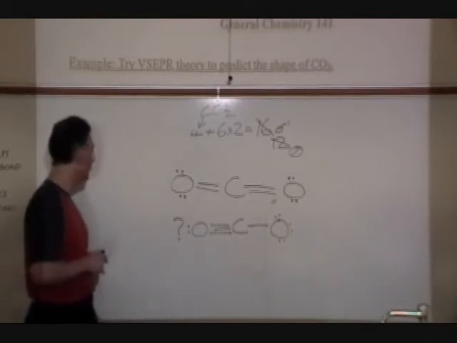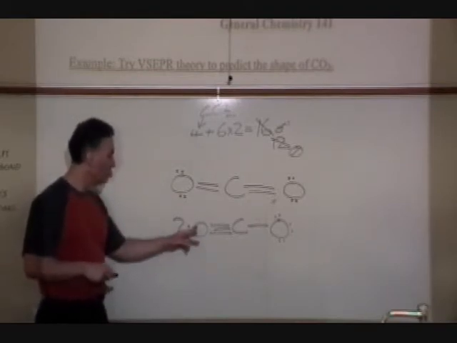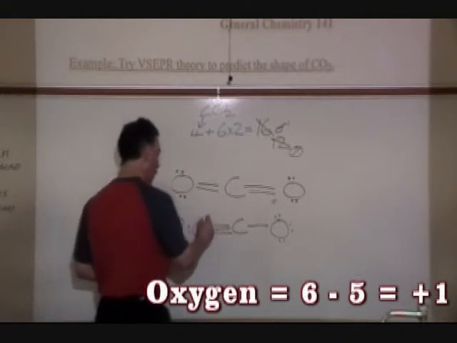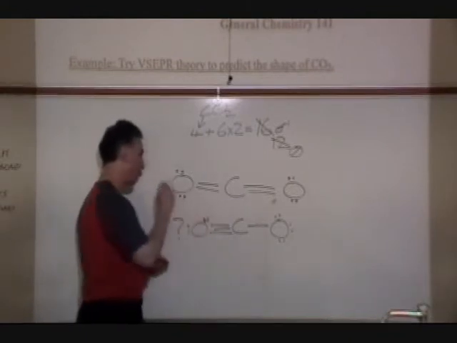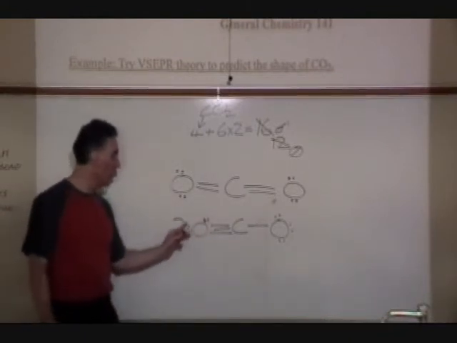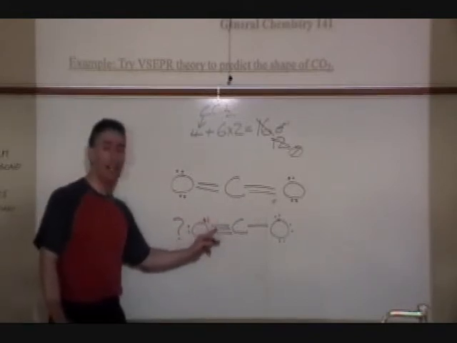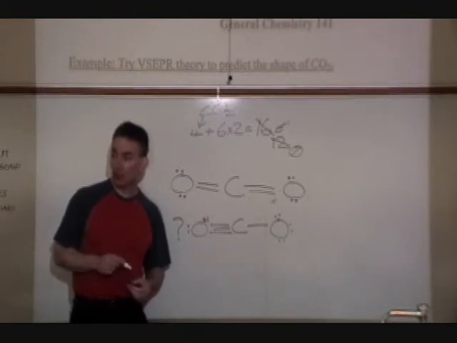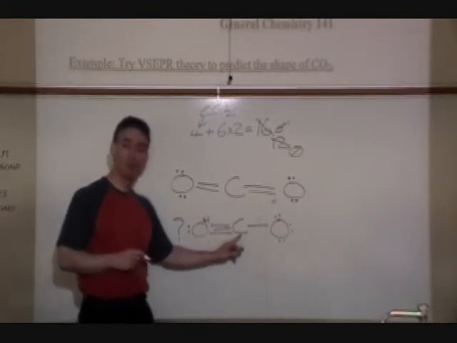However, if we look at the example below, what's the formal charge of this oxygen? Plus 1, as somebody says loud and proud. It controls 1, 2, 3, 4, 5 of the 8 electrons around it, 1 short from the 6 it's supposed to be. How about the carbon?